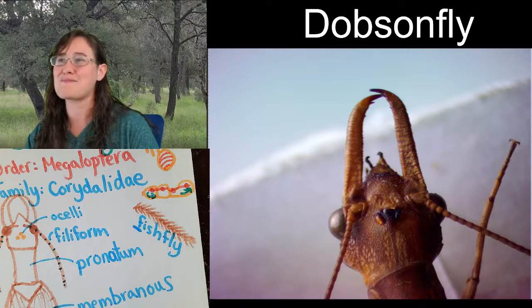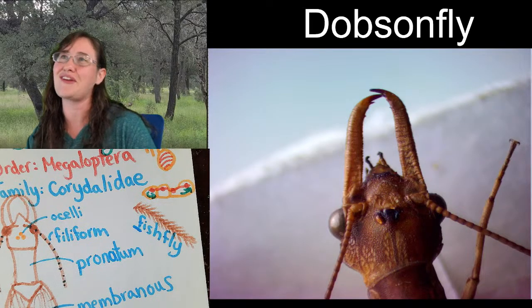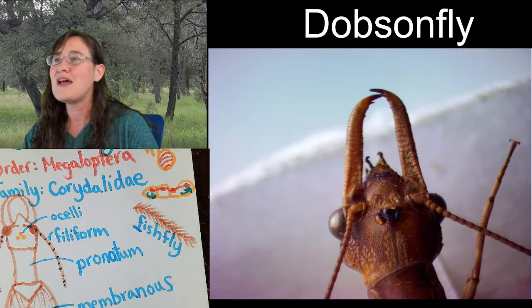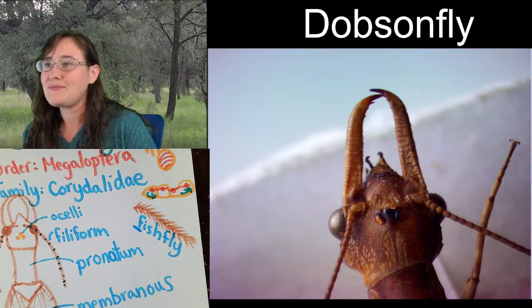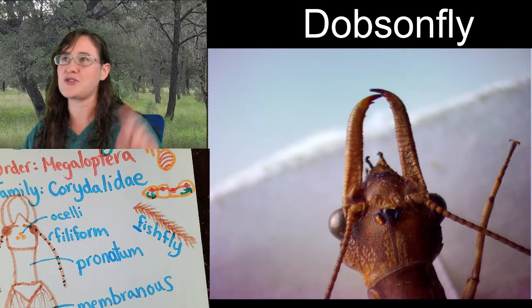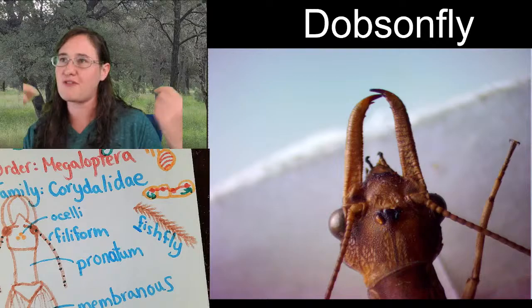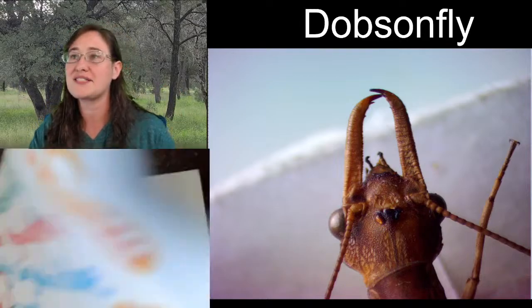Once something breaks the rule, then it's not a rule anymore, and then I have to figure out another way to describe them. But I do believe that this friend we are looking at here, with the super extended mandibles and the filiform antennae, is a Dobsonfly.